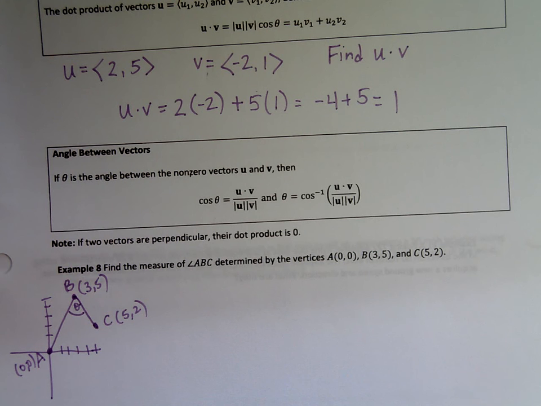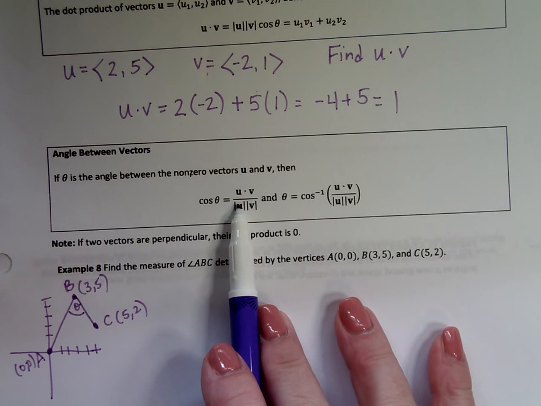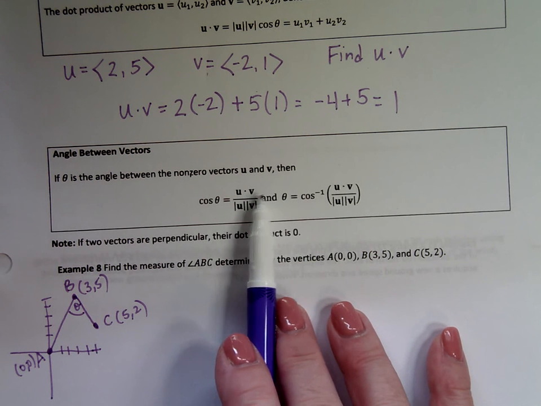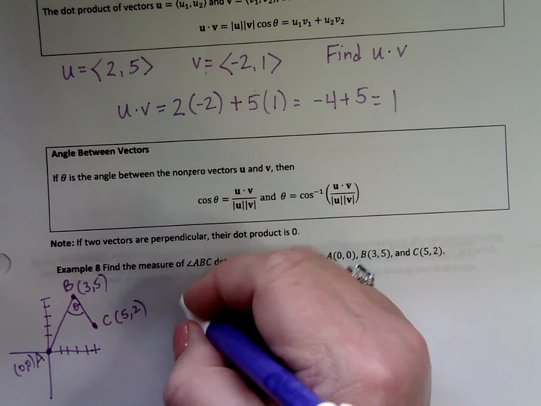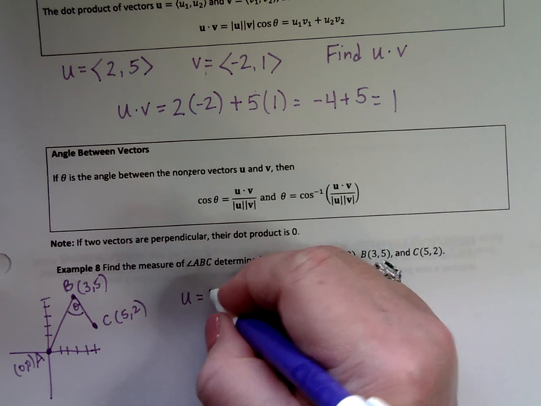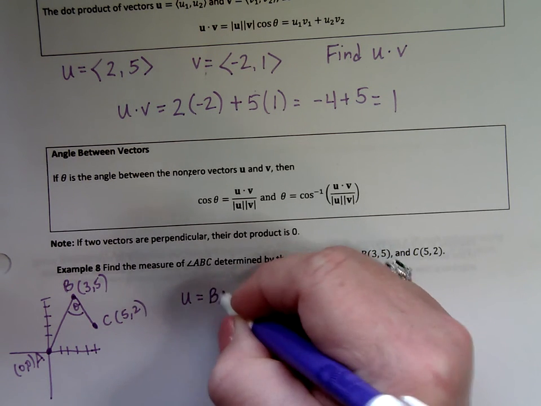So here's what you need to do to find the angle. You have to know what each of those vectors are. I'm going to create the vector for u and the vector for v. u is going to be my vector going from B, my vertex, to A. That's this leg, right?